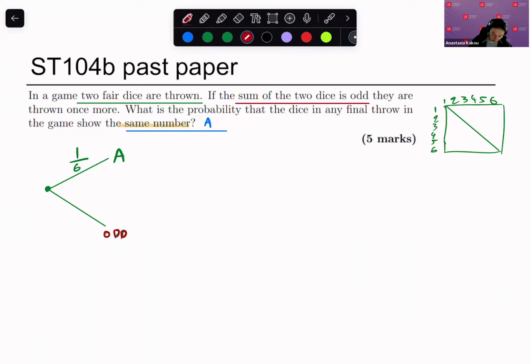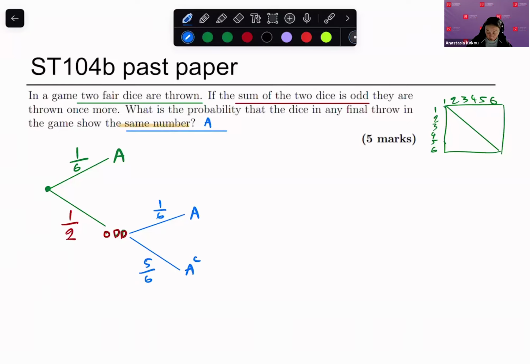That probability is a half. And if that happens, then we throw again, and then the probability of getting the same outcome is 1/6, and the probability of the complement is 5/6.